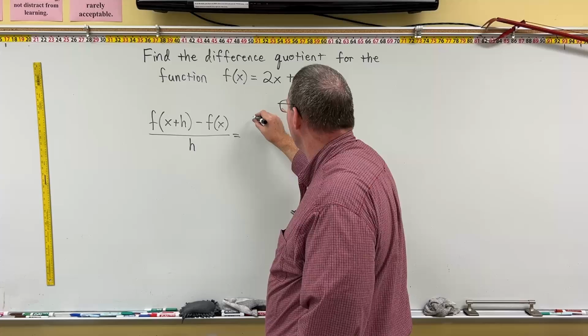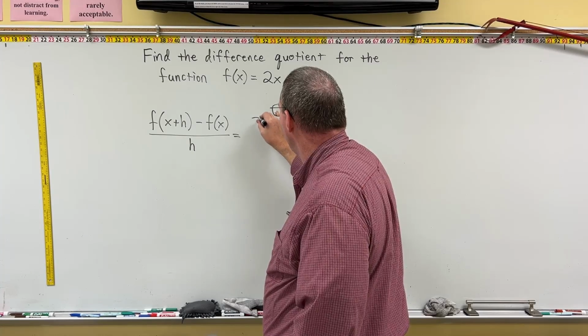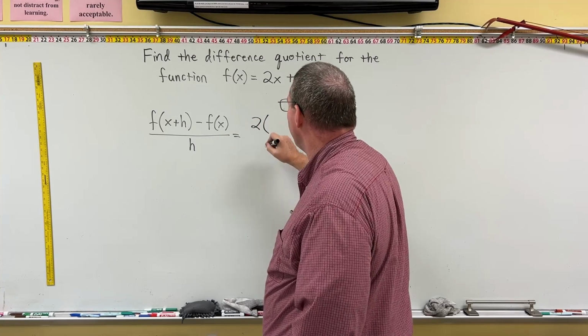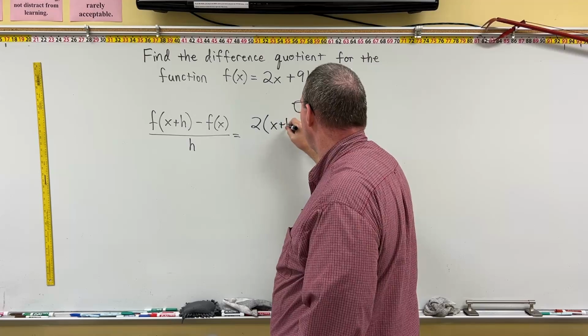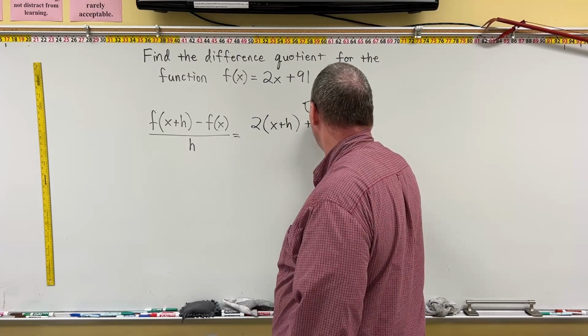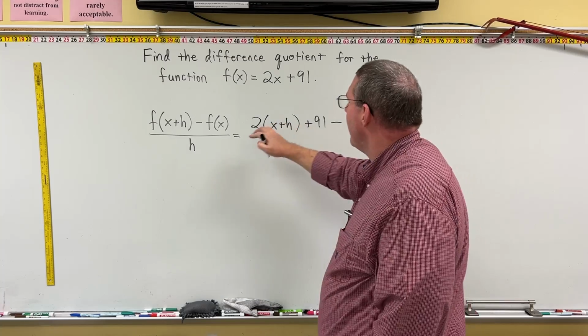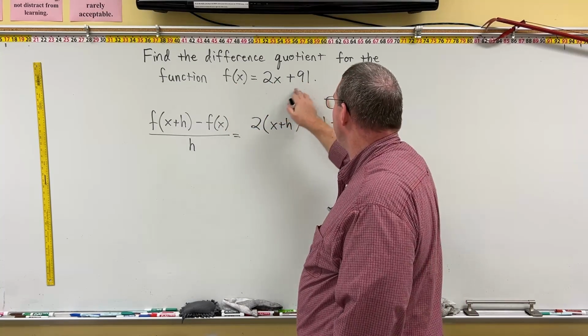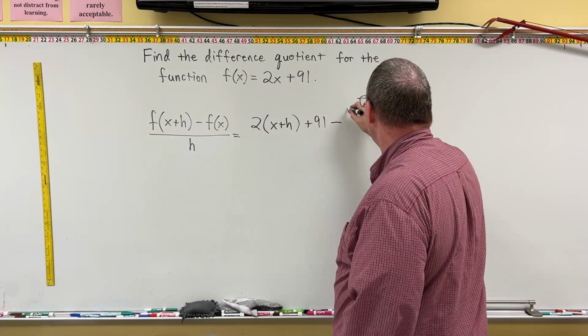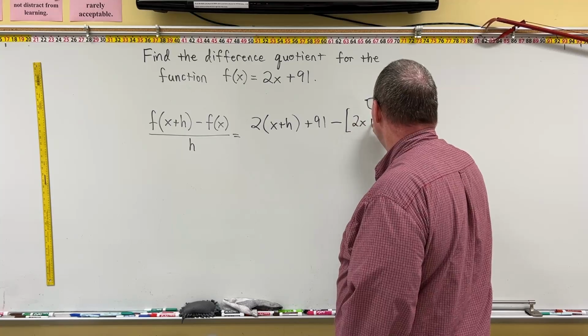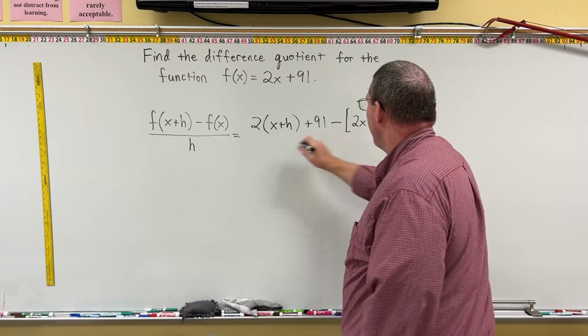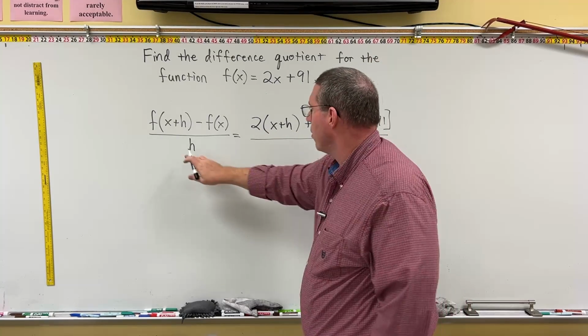And we did this before in a previous video. So we're going to do 2, and instead of x, we're going to put x plus h. Then plus 91. Then we're going to do minus f of x, which is just 2x plus 91. I'm going to put it in brackets, 2x plus 91. And then the whole thing is going to be over h.